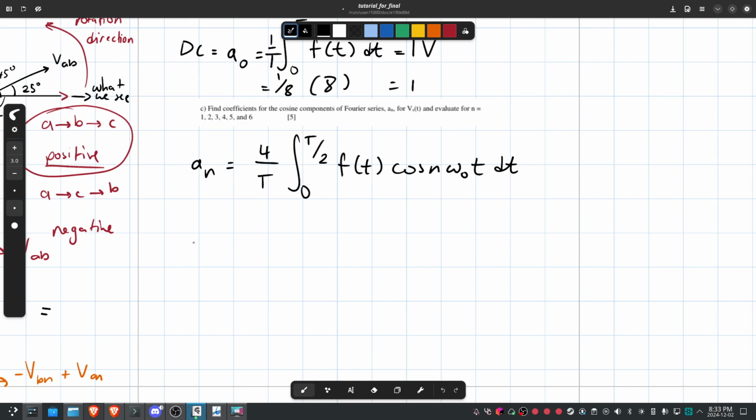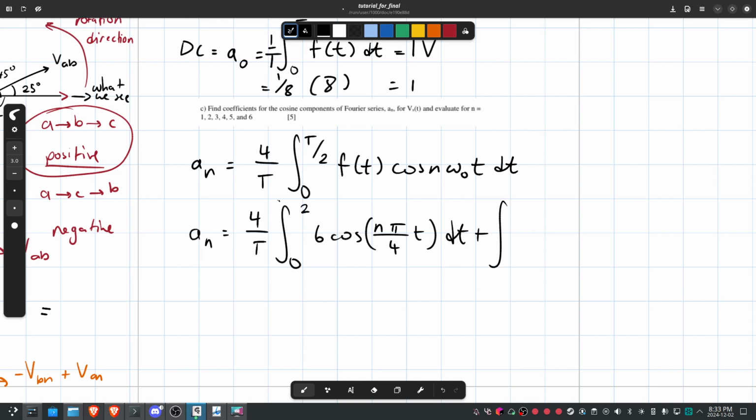So in this case, we would do 4 over T, from 0 through 2, 6 cosine of n pi over 4. Sorry, I'm rushing this a little. Plus, bracket there, 2 to 4.